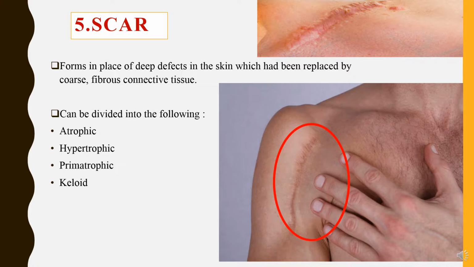A scar forms at the site of deep burns, cuts, and ulceration of the tubercles, nodules, or deep pustules, or it may be formed in a dry manner without preceding ulceration. Scars can be divided into the following: atrophic, normotrophic, hypertrophic, and keloid.